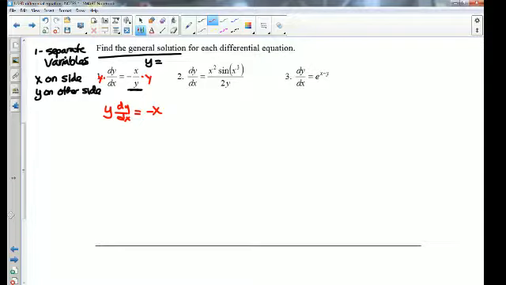You're okay with that? Is there still an x over here? Yeah. How do I move it over here? Because I need it on the right. Multiply by dx. So those cancel out, right? So we get y dy equals negative x dx. And we are now separated, right?